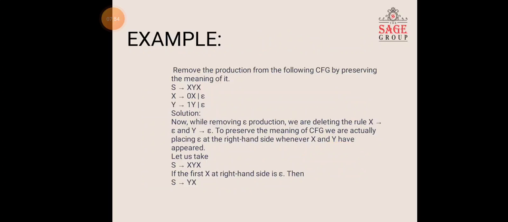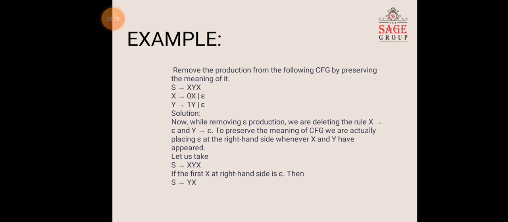Now while removing epsilon production, we are basically deleting the rules X tends to epsilon and Y tends to epsilon. I am repeating once again, for eliminating epsilon production, we just need to delete or eliminate the rules X tends to epsilon and Y tends to epsilon.